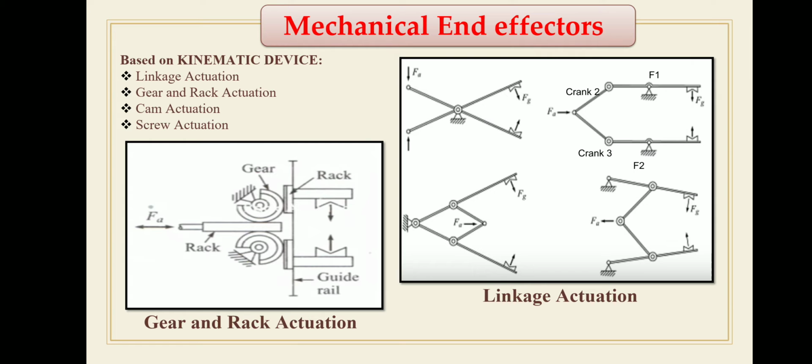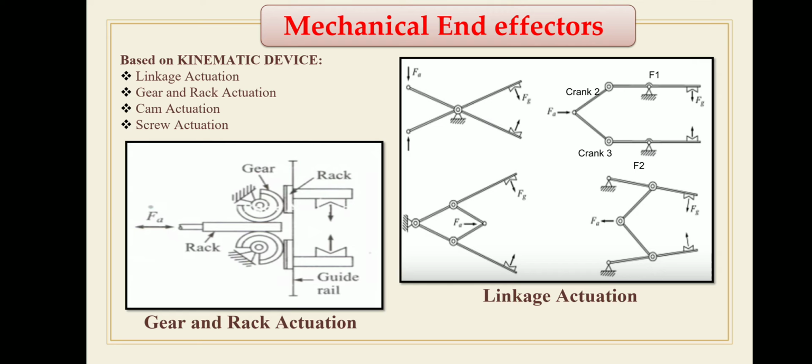The rotation of gear number one and gear number two happens when the rack moves from left to right, and at the same time the gears rotate.